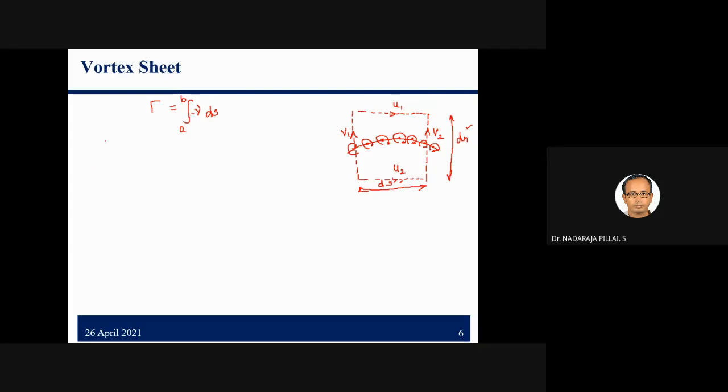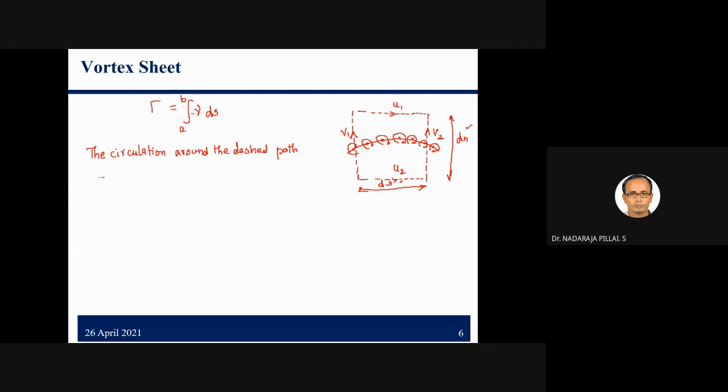So the circulation around the dashed path. We have already done some exercise like this, right?